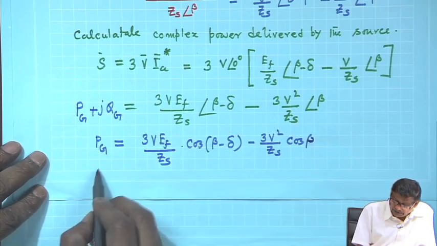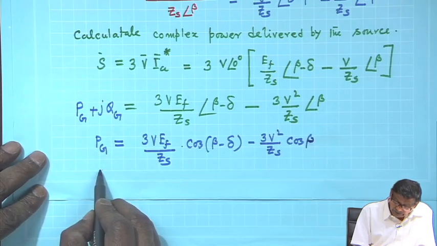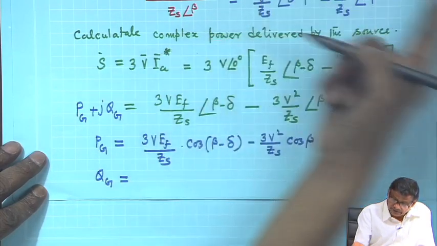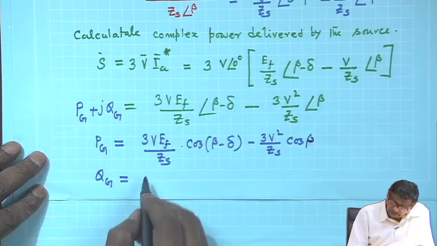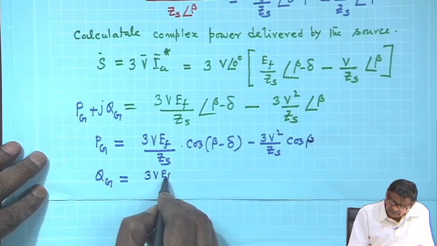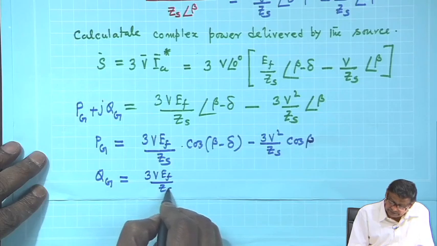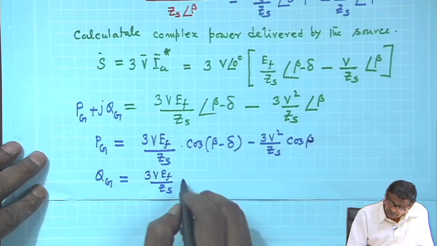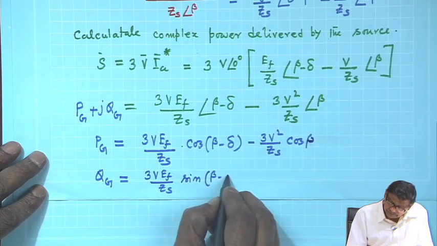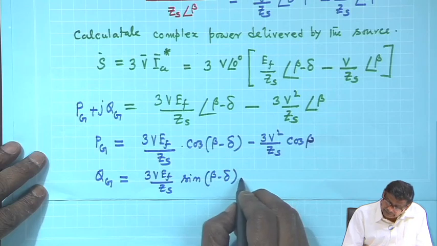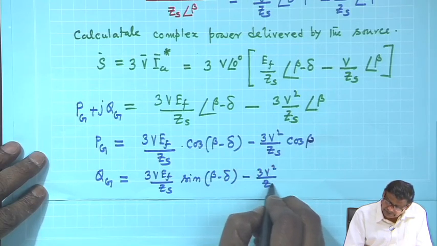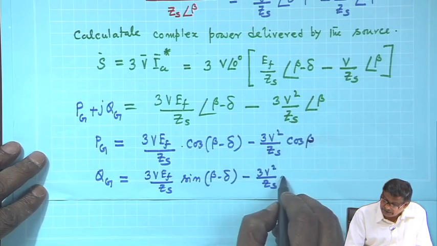Similarly, reactive power delivered, I will write QG, generator delivers this much reactive power, and it will be equal to 3 V EF by ZS, the sine components, imaginary part. So, this will be minus, sine of beta minus delta, and then minus 3 V square by ZS, and this will be also sine beta.